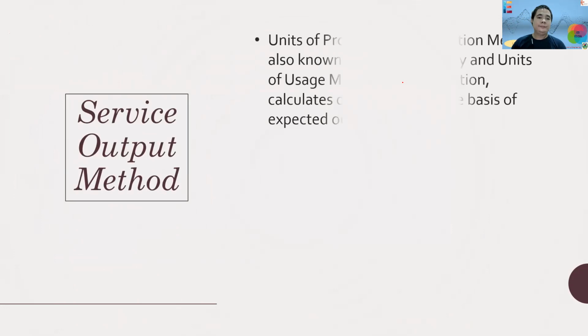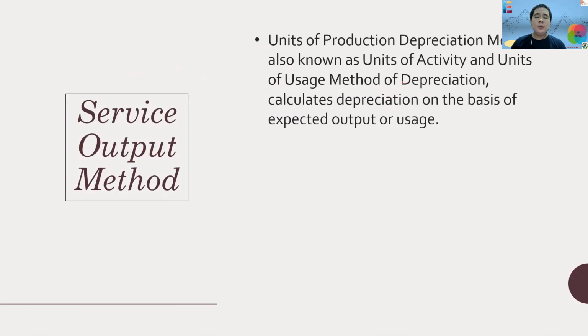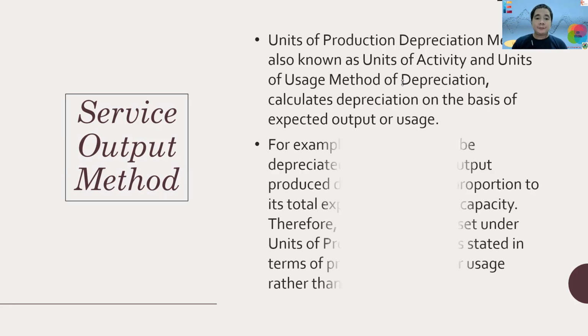Service output method. When we are looking into the service output method, it refers to the units of production depreciation method. It's also known as the units of activity and the units of usage method of depreciation. So you depreciate by the number of units actually produced.